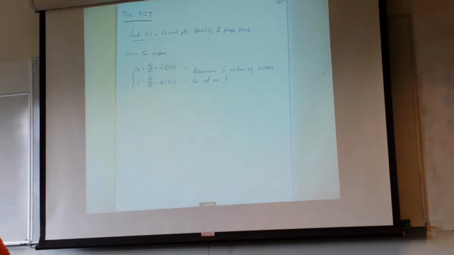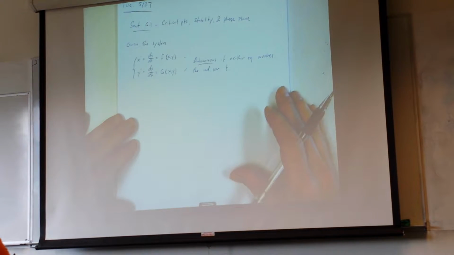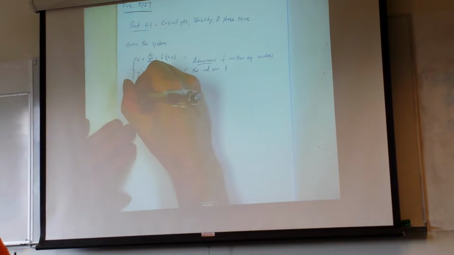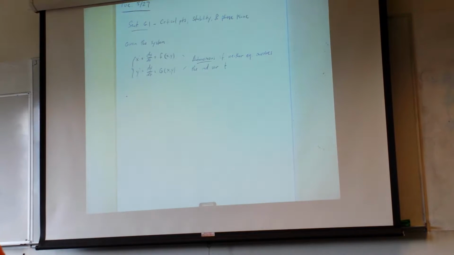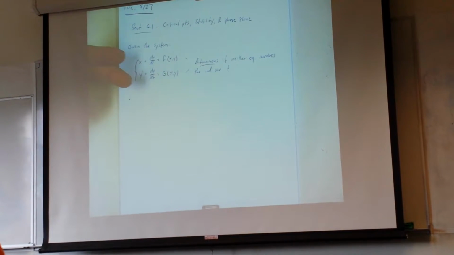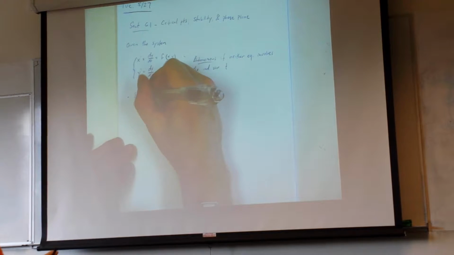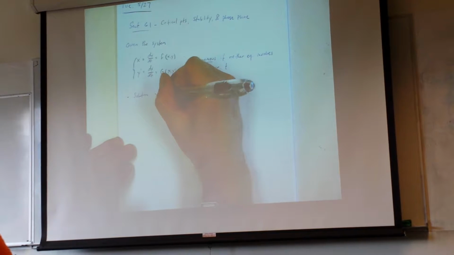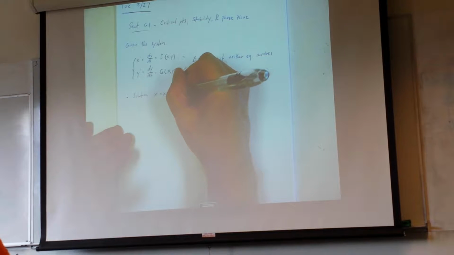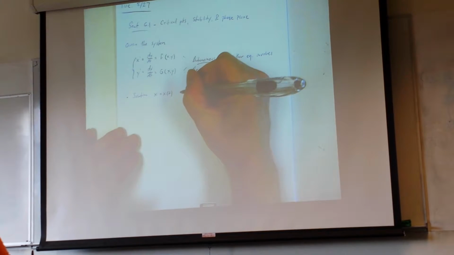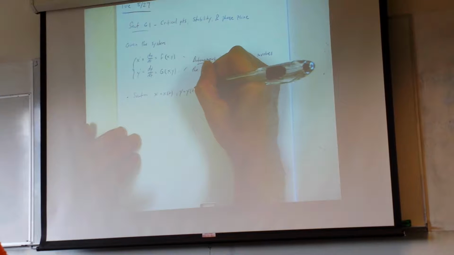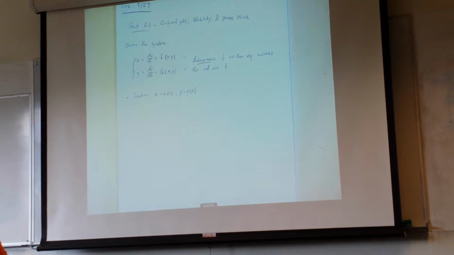Now solutions, and we've gone about finding solutions for first order systems with constant coefficients, homogeneous. But the solution comes in the form x equals x of t, and y equals y of t, which can be plotted together, and we could think of it like we saw before as a parametric curve.